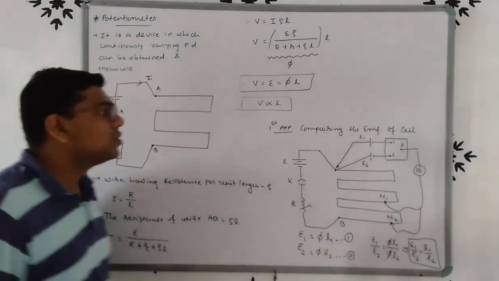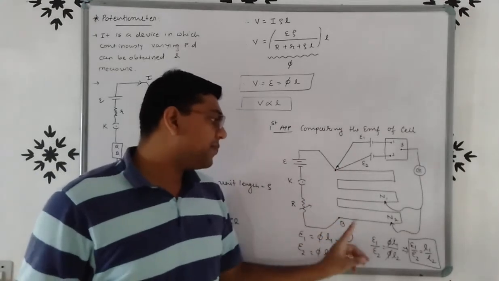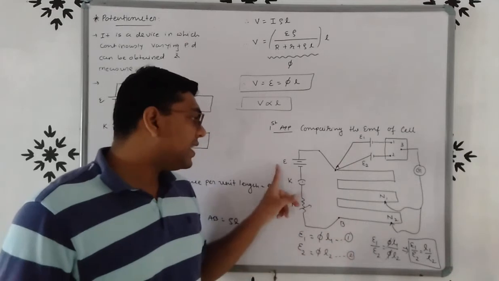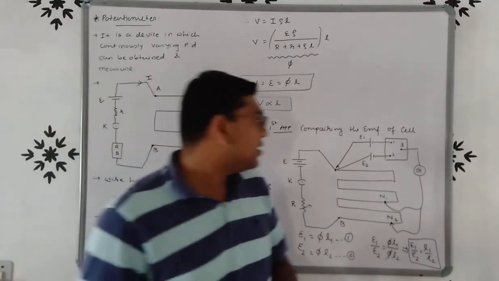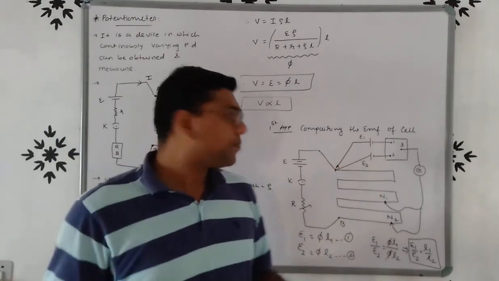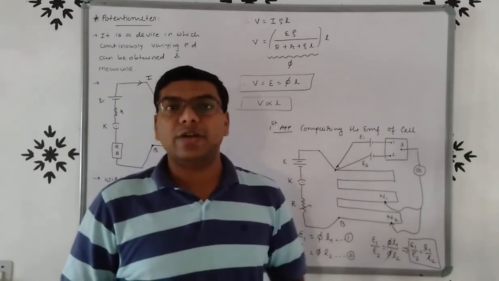So what is the circuit diagram? The wire AB is connected to battery E and a variable resistor. Next, two cells are there having EMF E1 and E2.